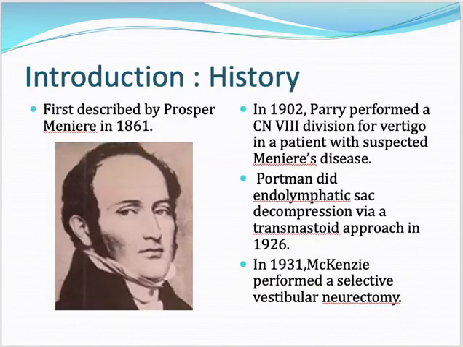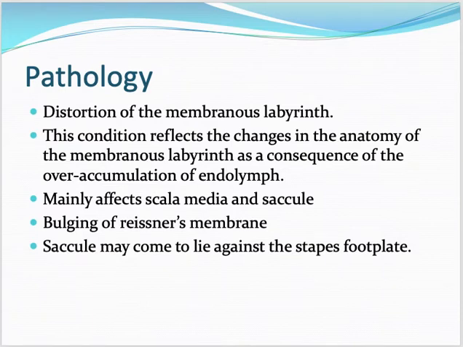Now, a brief introduction, but going into the pathology, what they found basically is some distortion in the membranous labyrinth, some changes in the anatomy of the membranous labyrinth, and there is too much endolymph.